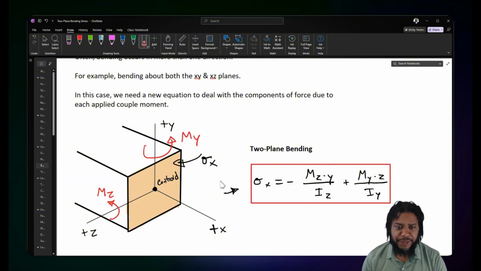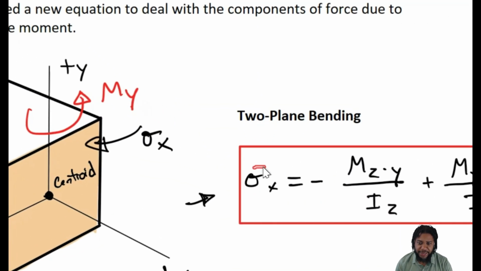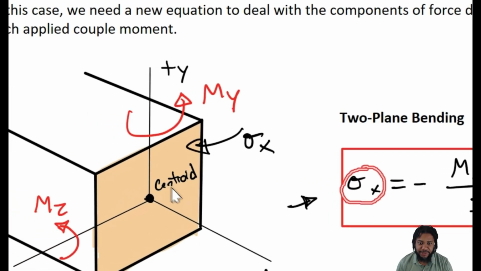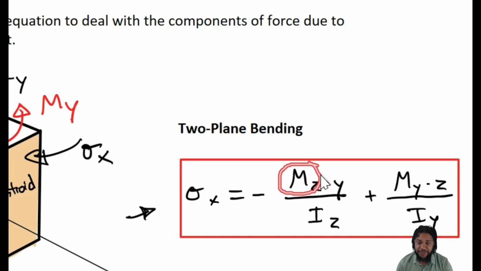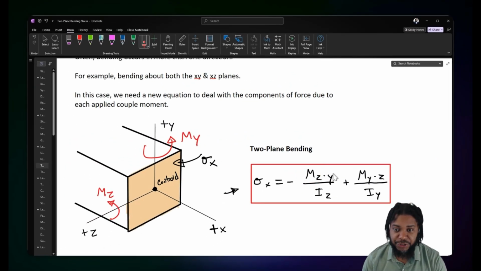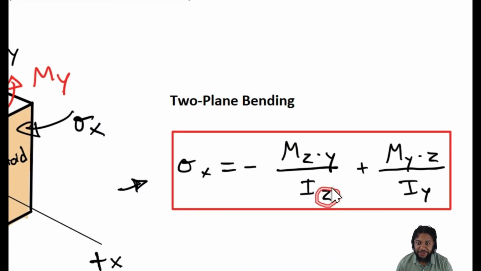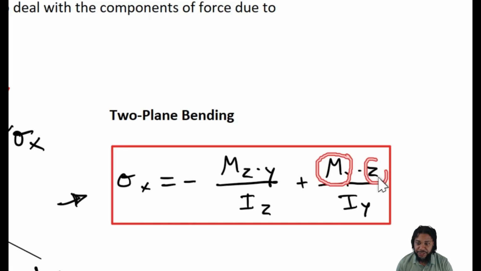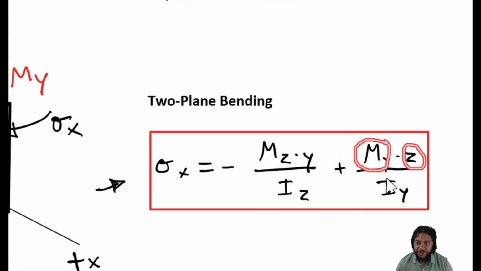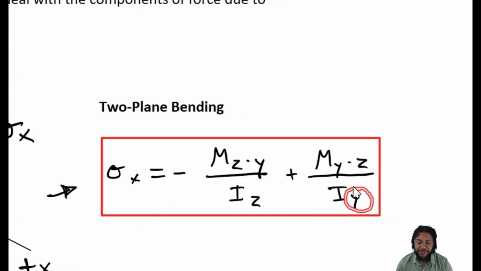Now, the stress itself can be calculated. The normal bending stress in the x direction is equal to negative the moment about the z-axis times the distance y divided by the second moment of inertia about the z-axis, plus the moment about y times the distance z divided by the second moment of inertia about the y-axis.